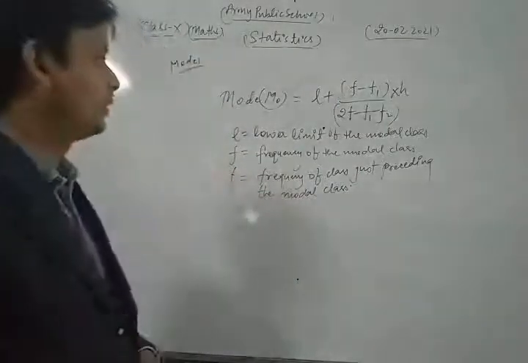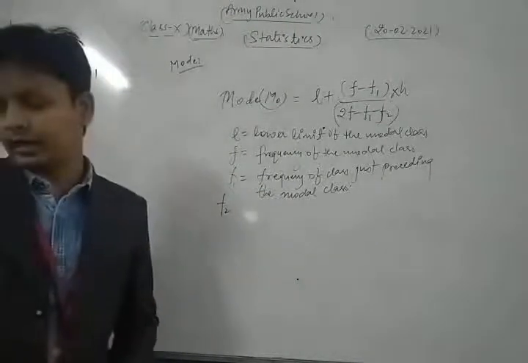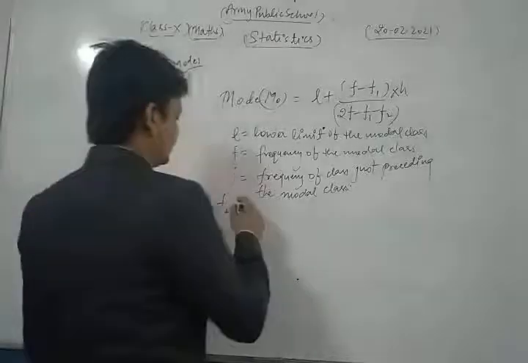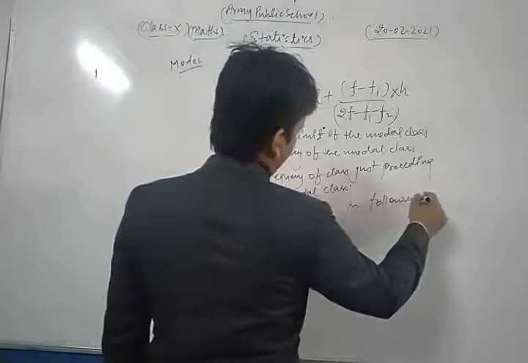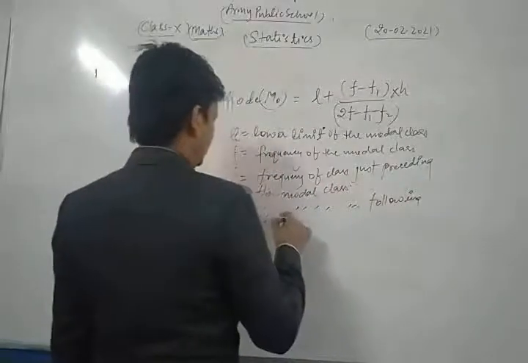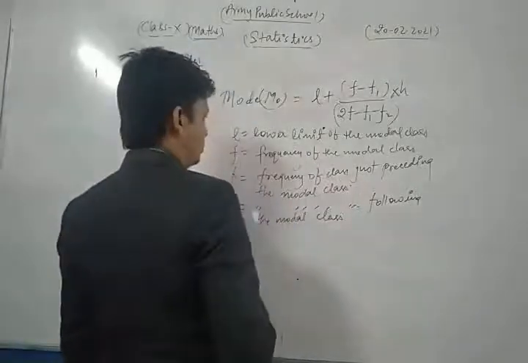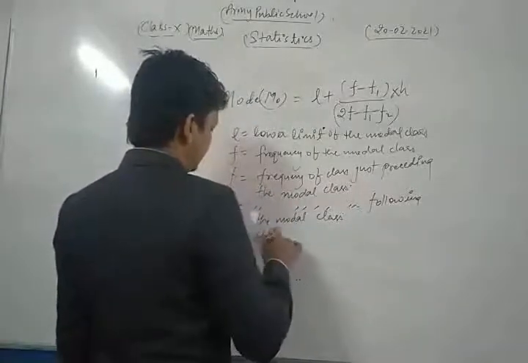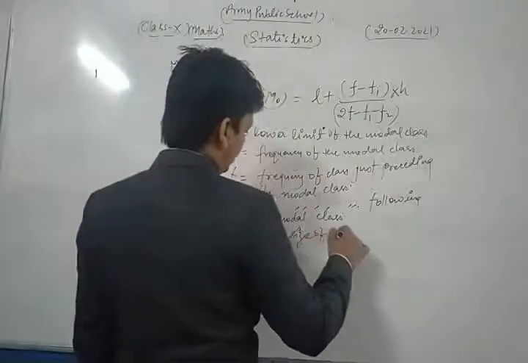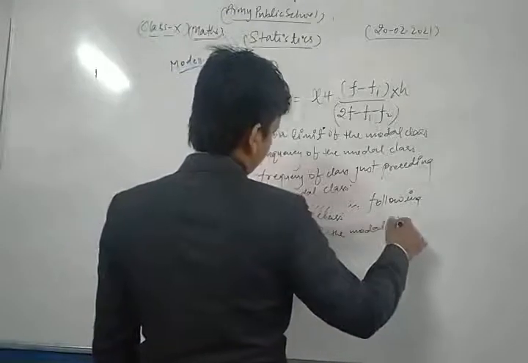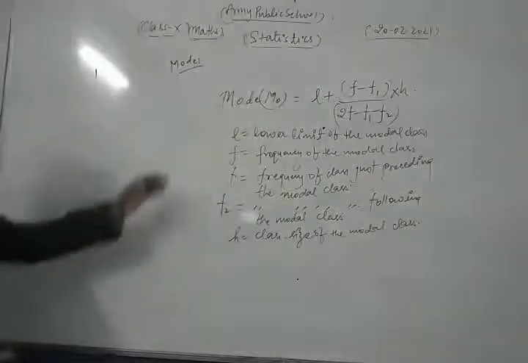This is the frequency F1, and F2 is the frequency of the class just following the modal class. And H is the class size of the modal class. Okay, dear students, this is very important information.